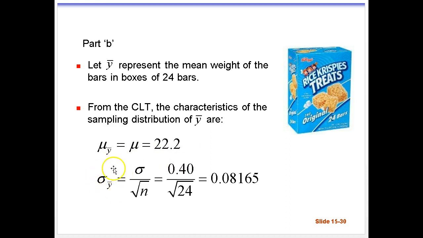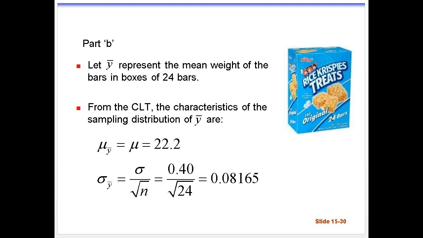But the standard deviation of all those means is something smaller. And how small is it? Well, I take the standard deviation of my known population and divide by the square root of my sample size, and now I get a standard deviation of 0.08, which is significantly smaller than the standard deviation of the population.